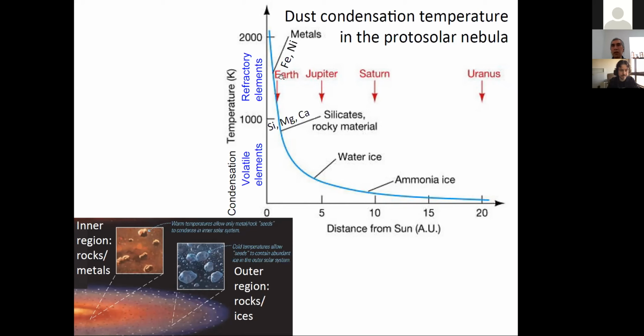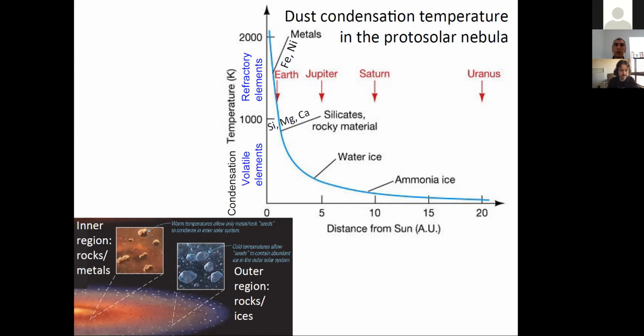And a bit farther out, still in the rocky planet region, you can have the condensation of silicates that will later form part of the mantles of the rocky planets. And farther out, you can have ices, so you can form a nucleus that will be rocky and icy, and later aggregate gas to form the gas giant planets.